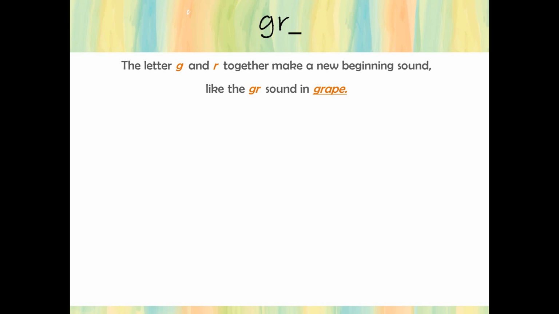Okay, our next beginning blend is gr. The beginning blend gr is made up of letter G and R. These two letters join together and make the sound gr, like in grape.